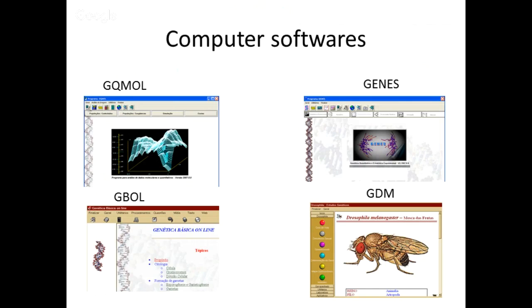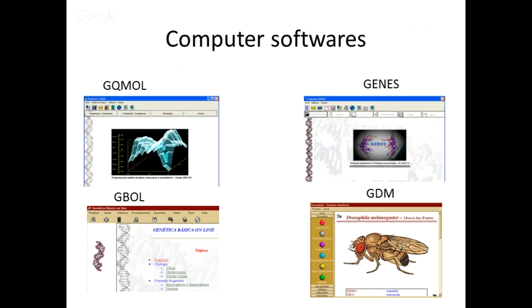Here in this lab, you have our advisor, the professor, who is responsible for the lab and has generated some software, and you can see four of them here. GKMOL, which is inside Genius today, is used for molecular data processing.